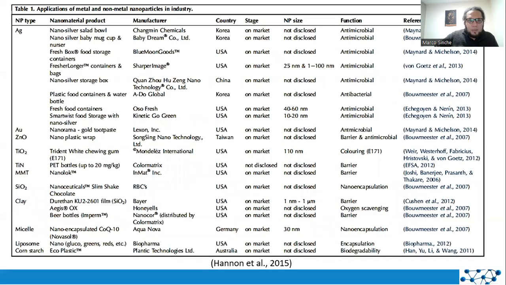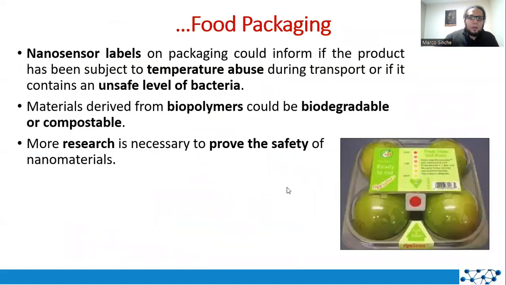Here we could see how the addition of metal or non-metal nanoparticles to packaging materials could add some important functions such as antimicrobial or coloring or barrier to gases. So this is a very active area of research.